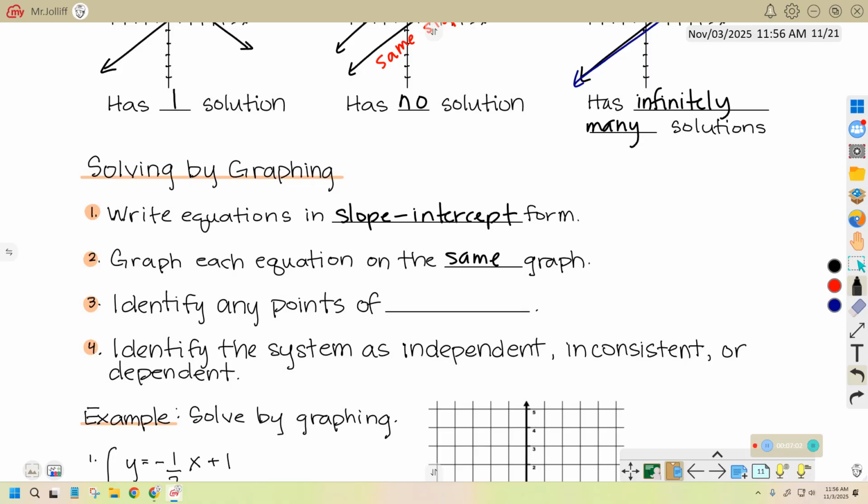And we know how to graph from slope-intercept form. First, plot the intercept on the y-axis. Use your slope to find your second point. Play connect the dots. Yeah, we did it for our bell ringer. You have to draw both lines on the same graph because what we are looking for are points of intersection. Where do they cross?